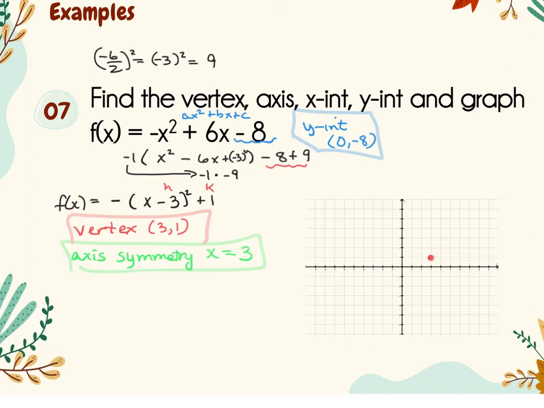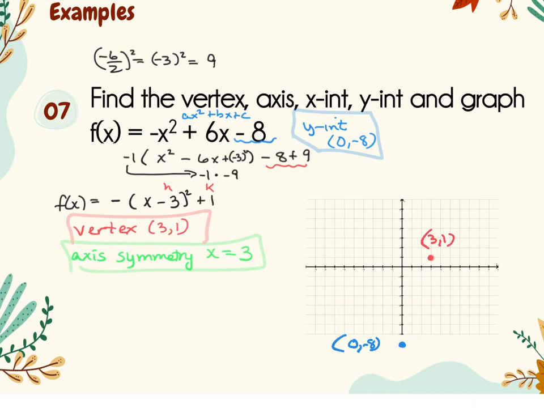Then I'm also going to graph my y-intercept, which is 0, -8. Now, since I went by ones, my y-intercept actually goes off of the graph. So this is the ordered pair 0, -8. And again, your vertex was the ordered pair 3, 1.